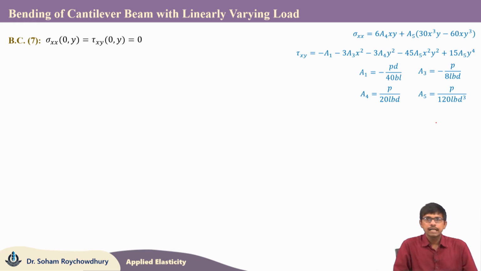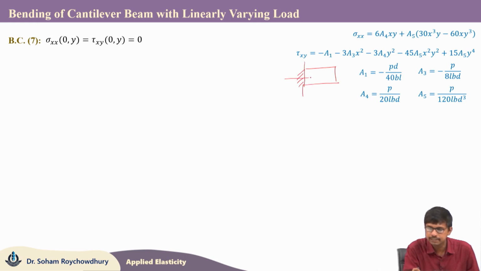Now, the remaining boundary condition 7 was sigma xx and tau xy to be 0 at x equals 0, that is at the free edge. The free edge is free from any normal traction, and also free from any shear traction, for this particular edge of the cantilever beam.